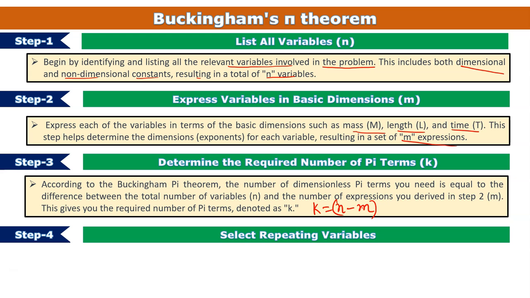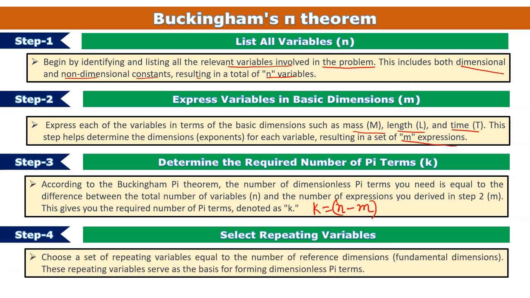Now step number 4, select the repeating variables. How many repeating variables are there in that problem? That we have to select. How do you select the repeating variables? Choose a set of repeating variables equal to the number of reference dimensions, meaning fundamental dimensions. Remember, the same number of repeating variables as fundamental dimensions we have to select.